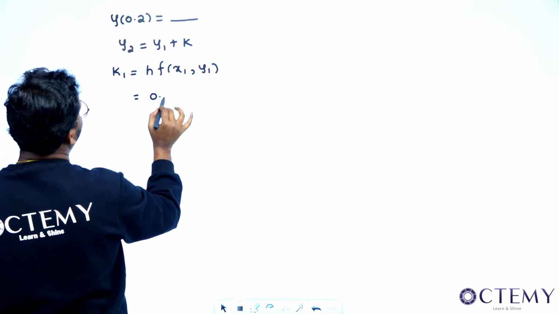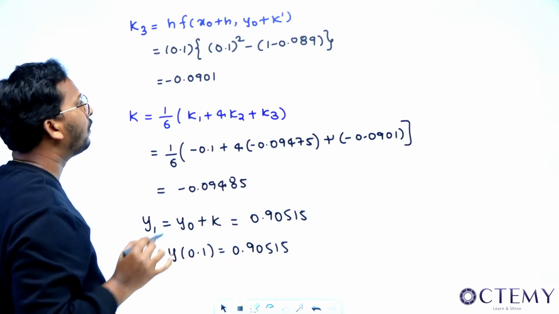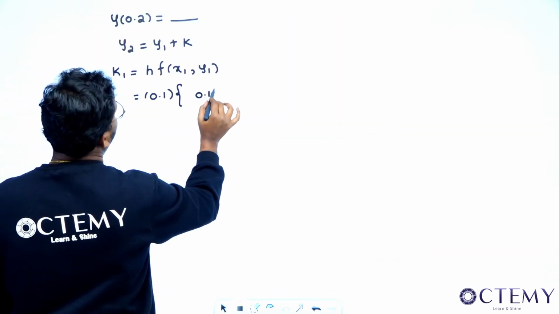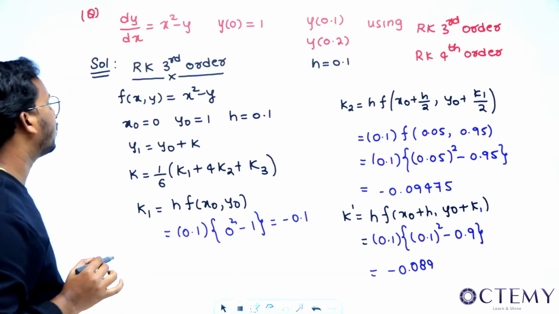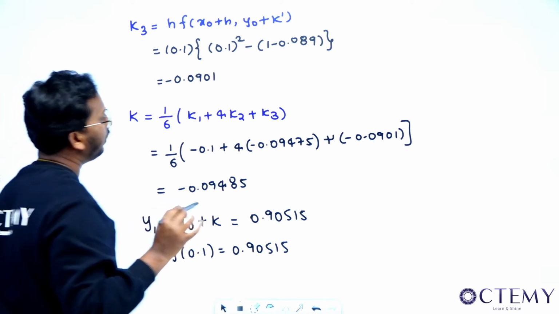So this is 0.1 into x1 squared minus y1, where x1 is 0.1 and y1 is 0.90515.